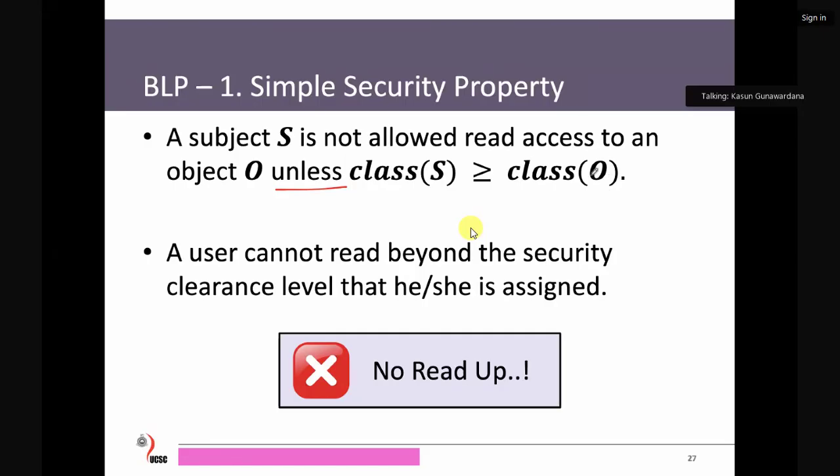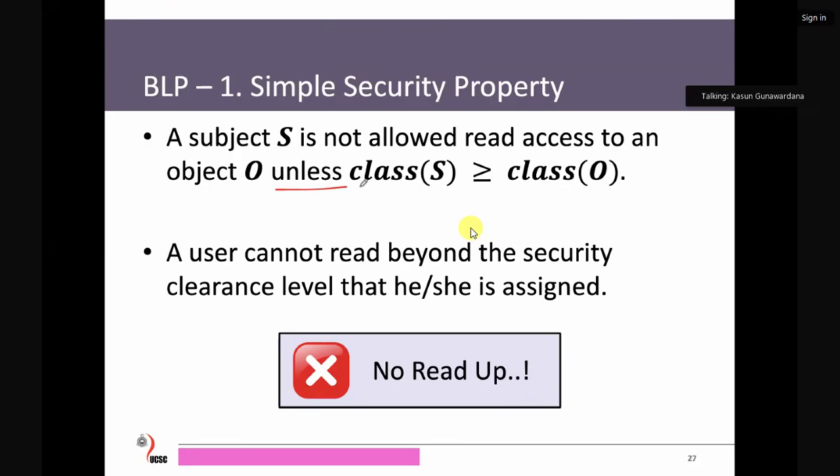So what does it mean? It means nobody should be allowed to read a resource unless the user has a superior or equivalent classification level compared to the resource the user is going to read.